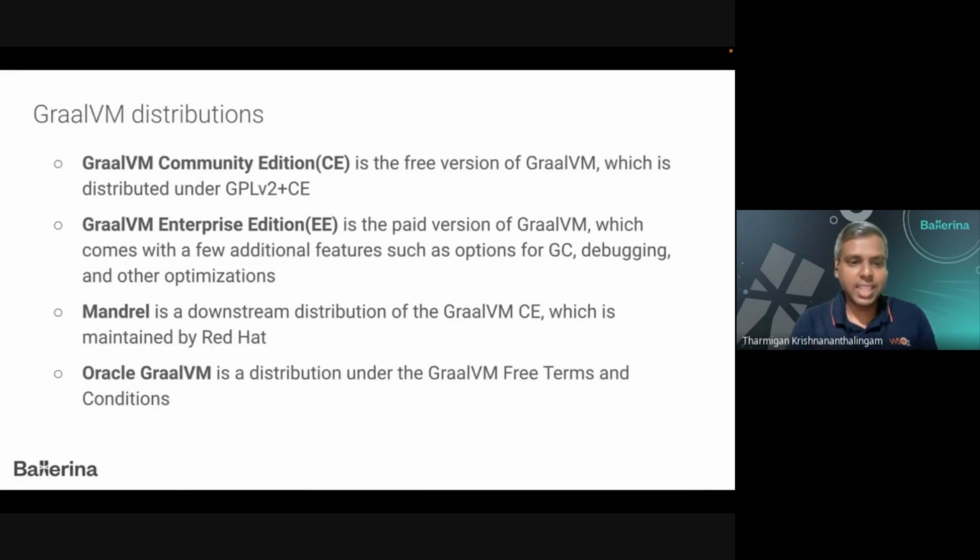And recently, the GraalVM community has also released Oracle GraalVM, a distribution by Oracle, which can be used for production and redistribution under the GraalVM Free Terms and Conditions license. So you can use any one of these GraalVM distributions with Ballerina to generate GraalVM native executables.